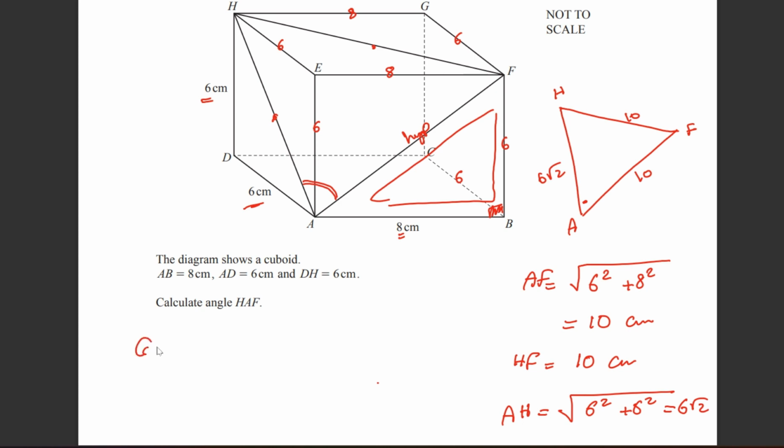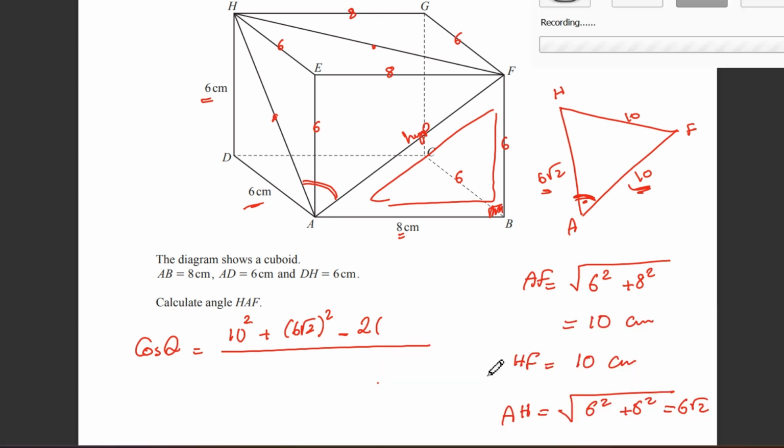The two other sides first, the two legs of the angle, this and this: 10 squared plus 6 root 2 squared, then minus the opposite side, which is 10 to the power 2.